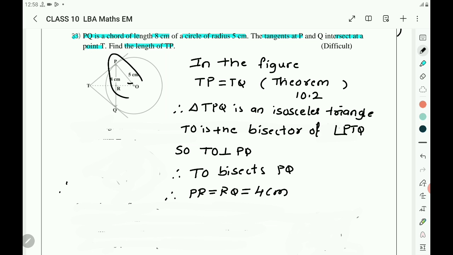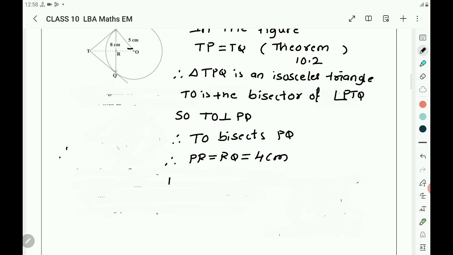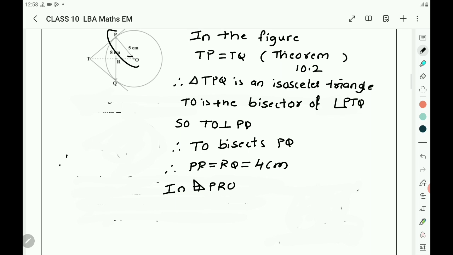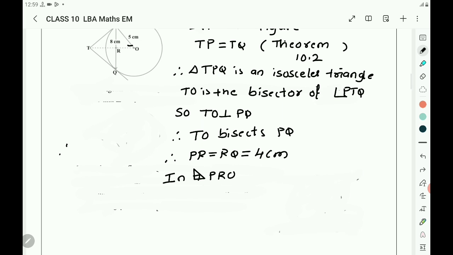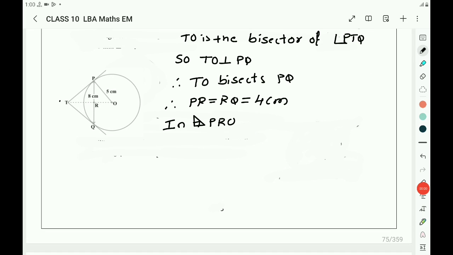Then use the Pythagoras theorem in triangle PRO. You write, in the right angle triangle PRO, PO is the hypotenuse, given. What do we have to find out? We have to find out RO. Then you write OR square plus PR square is equal to PO square.